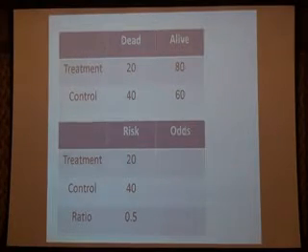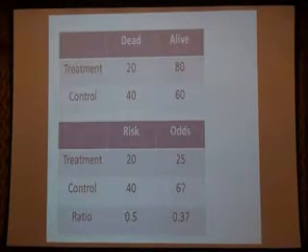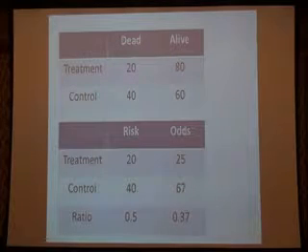If you calculate the odds ratio, it is 0.25 over 0.67, because you don't consider anymore 20 out of 100, 40 out of 100, but the sum gives 100. So you see that this is the risk ratio, this is the odds ratio. And it goes the other way as compared to the previous table. So it's really complicated. Up to a risk ratio of about 0.3, you can consider them identical.